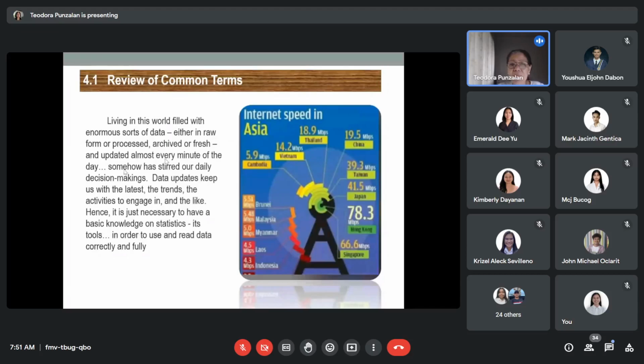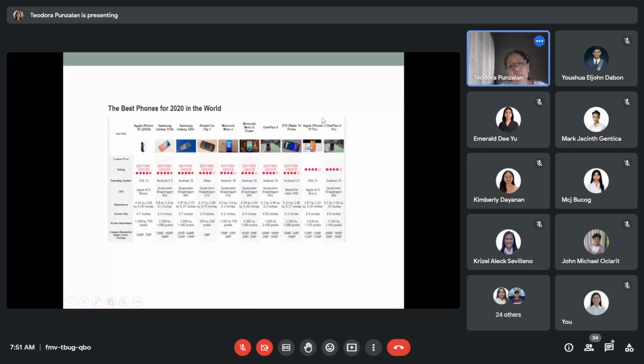Sige, let's go to the next slide. The best phones for 2020 in the world. Okay? So, supposing your IAP would like to study about, present a study, present information. Remember class, ang inyong IAP is not really a research, no? But it's going to study something.